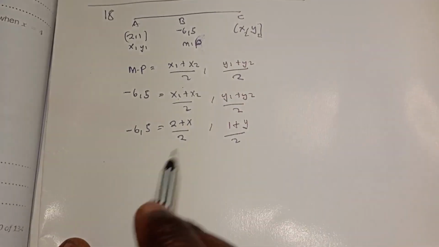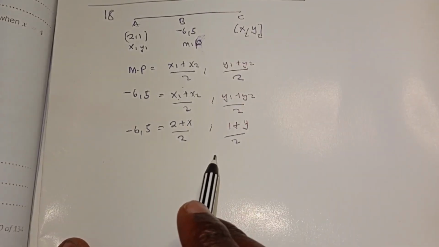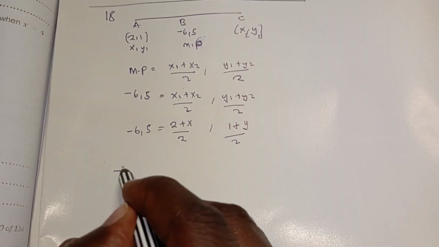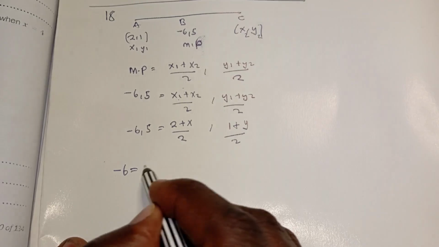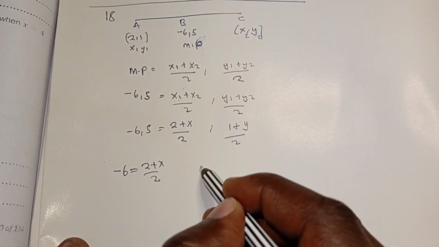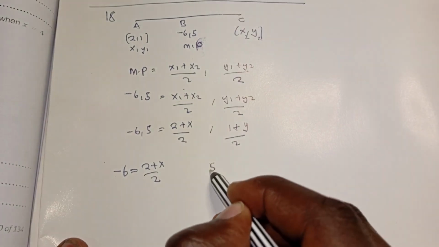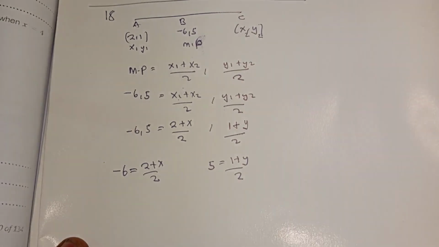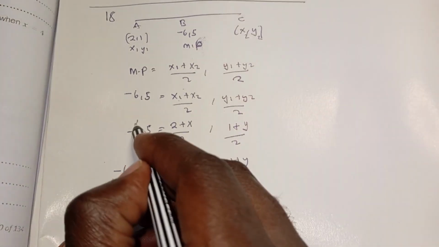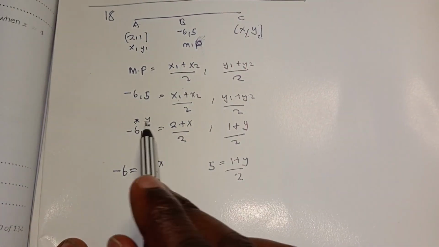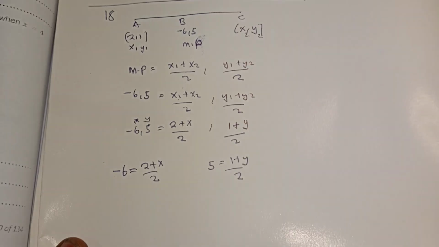When it's like this, you group them. Negative 6 will be equal to 2 plus x over 2, and 5 will be equal to 1 plus y over 2, because this one is the x and this one is the y. So that you find x, and so that you find y.